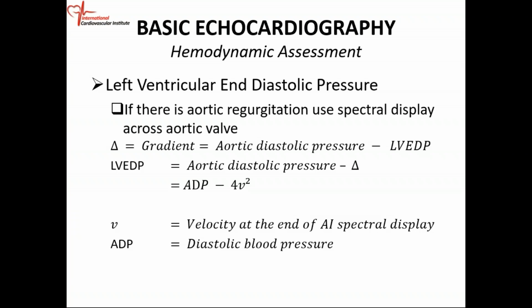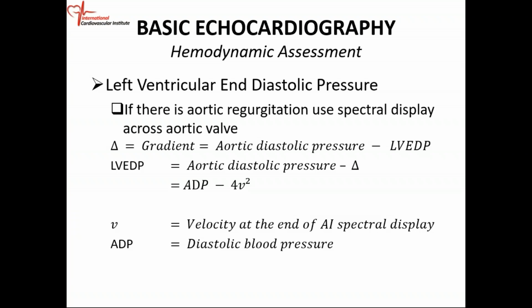The pressure in the aorta has to be greater. If the pressures were the same, you wouldn't get any flow. There wouldn't be any gradient if the pressures were the same. But because the pressure in one chamber is greater than the other, you're going to have blood flow in the direction of the lower pressure.